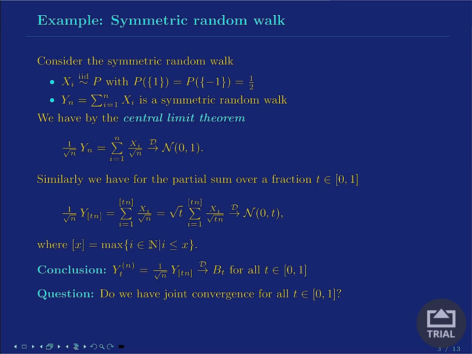Again, we are interested in the complete process. We want convergence to the process, and for that, of course, we need to show convergence not only for finitely many or countably many, but actually for all time points.